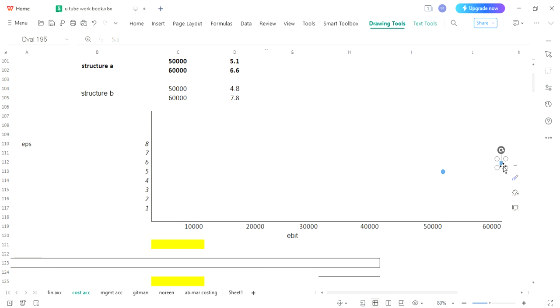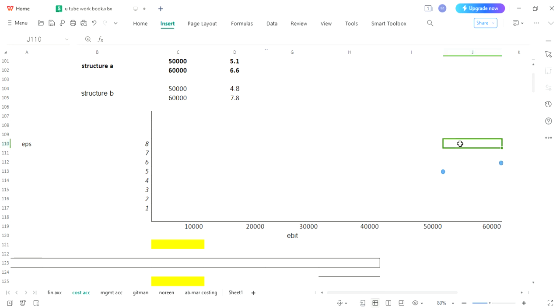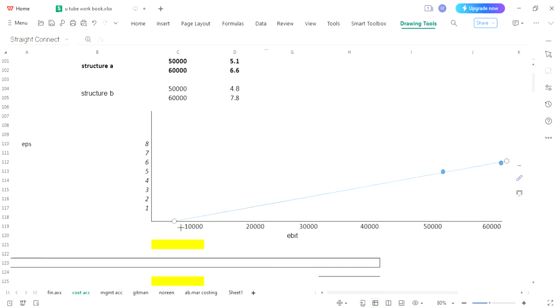So let's adjust. Two lines we have seen. Now let's join these 2 points for which a straight line is needed. Let's pick it up. So to join these lines till axis, we have these points. So this is your structure A.